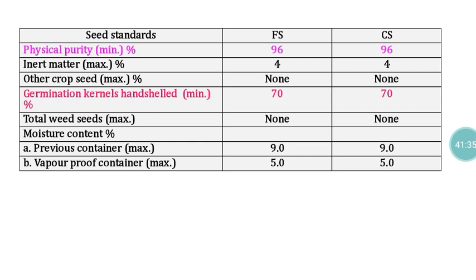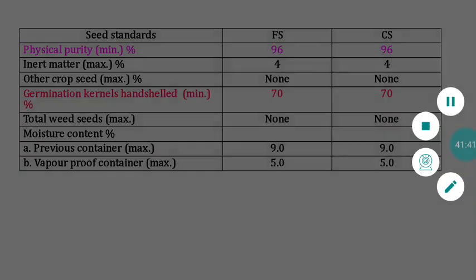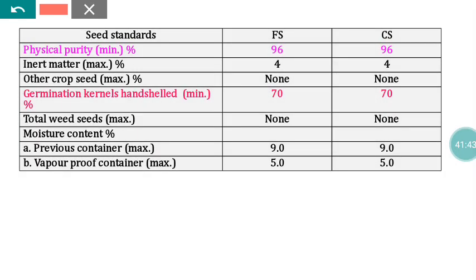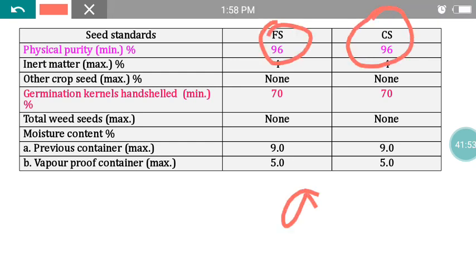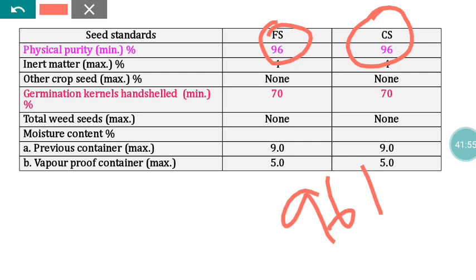So these are all the seed standards with reference to groundnut. Germination here is 70% minimum. Another main thing with reference to groundnut is that in most of the crops we have discussed so far, the physical purity is 98% for FS and CS, whereas here for both FS and CS it is 96%. There are also some other exceptions, like in the case of carrot, where the physical purity is only 95%.